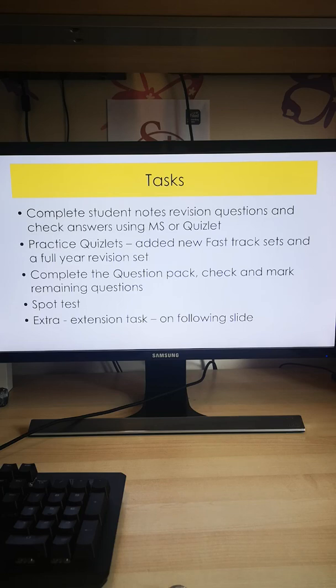I've added some extra practice Quizlets, including some fast track sets. The fast track sets are really about linking topics and developing ideas a little bit further now, going into year 2. I've also put in there a full year revision set, which is something that you might pick into and out of as you're keeping all your knowledge nice and keen, ready for developing it a little bit further.